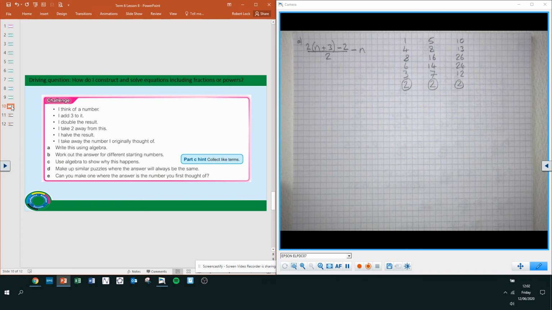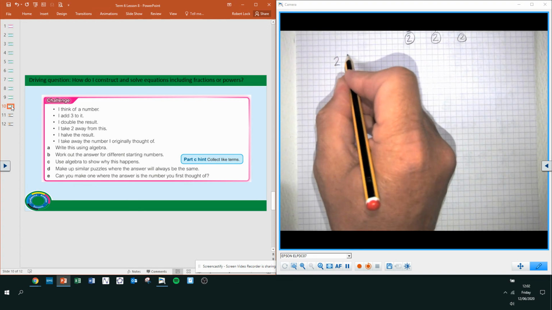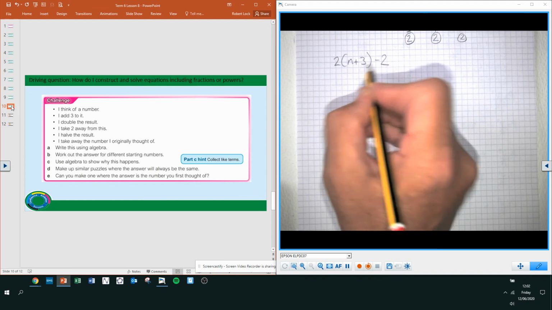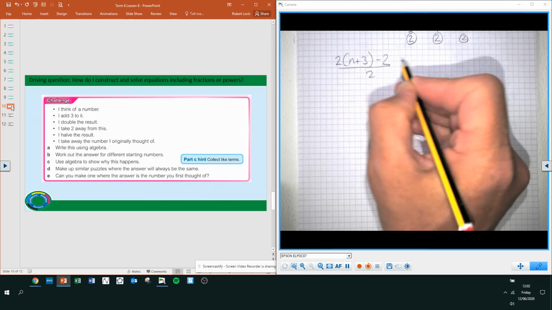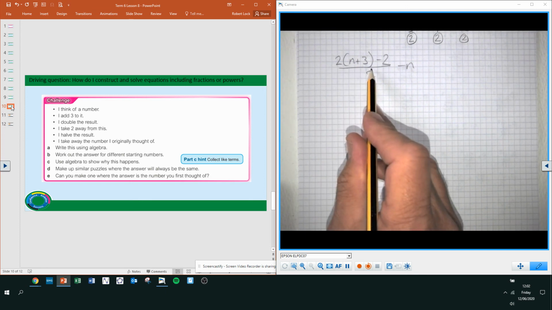Use algebra to show why this happens. So we have this expression: 2 bracket n plus 3 bracket minus 2, all over 2, take away n. How can we work out to make sure it still happens? Well, first thing we need to do is multiply everything by 2.